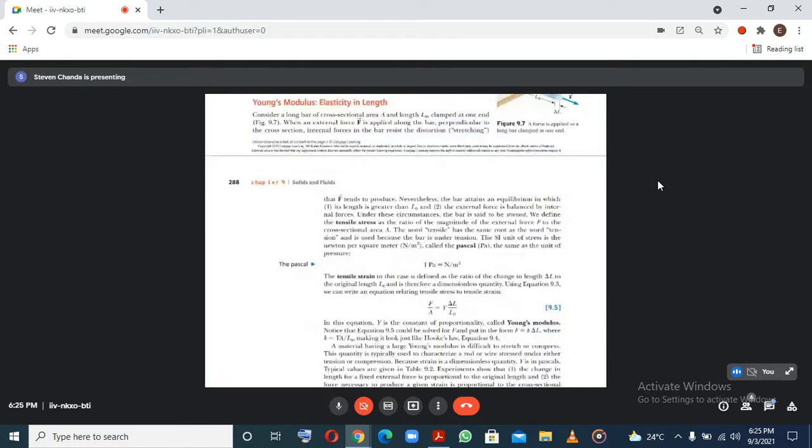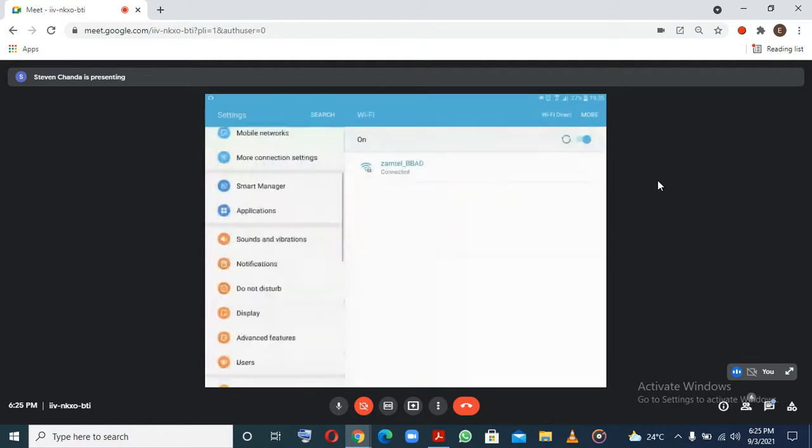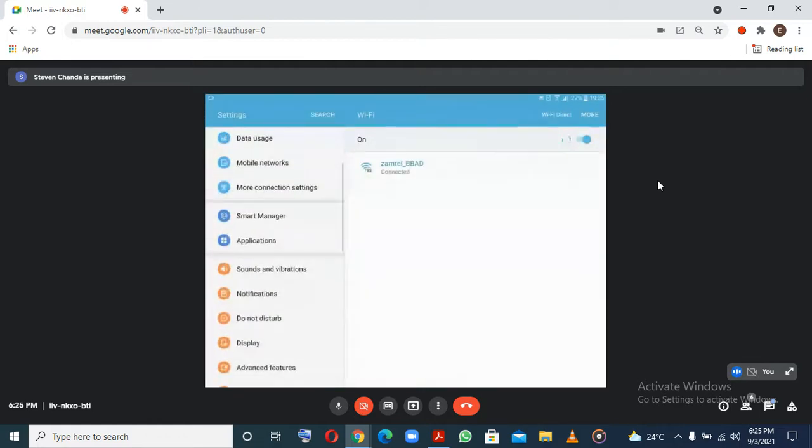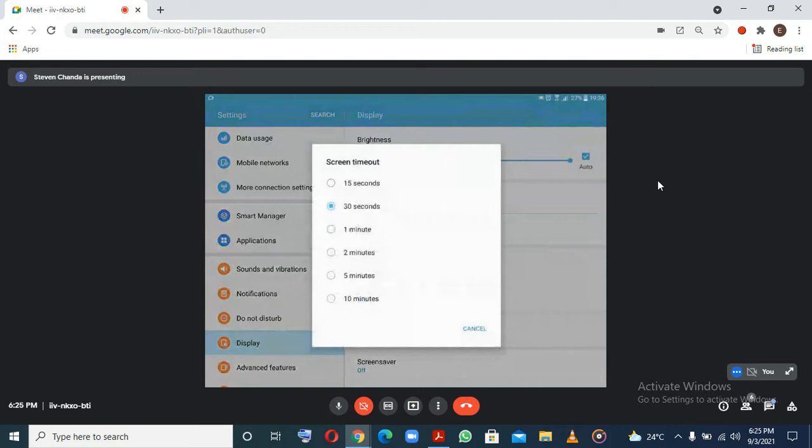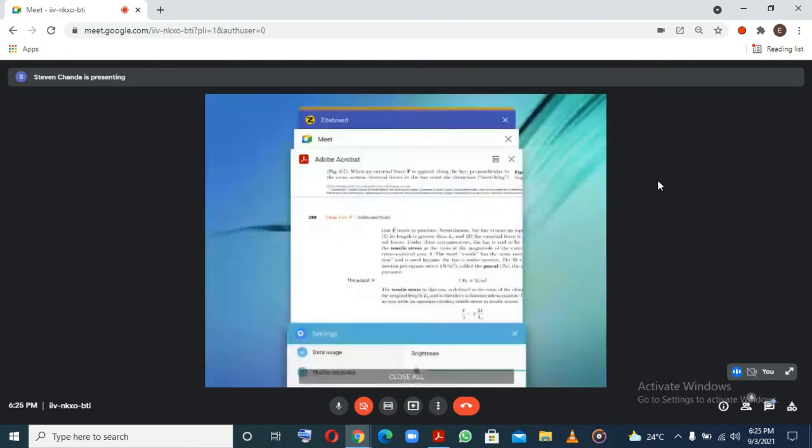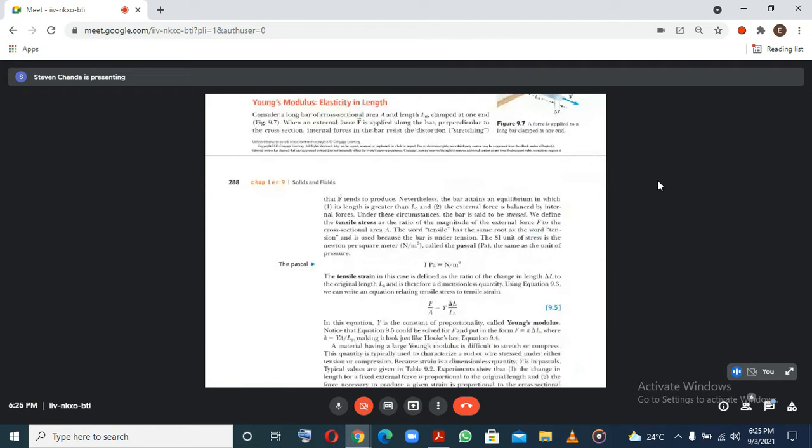So what this basically means is you are looking at the aspect of saying, if I apply enough stress on this material and it changes its length, then you want to find out that constant.